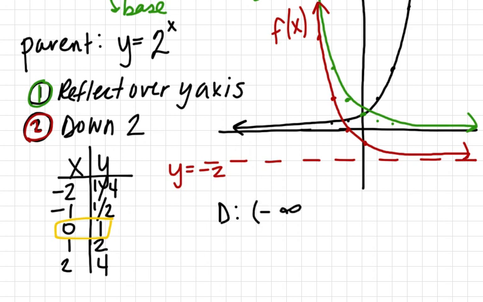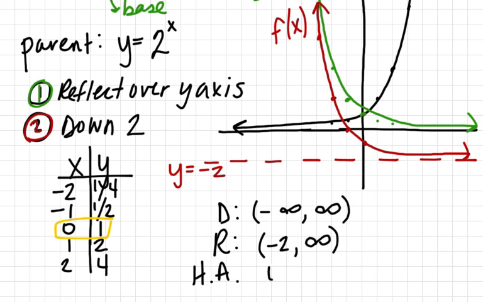So our domain would be all reals. Our range, however, has changed because our parent function was shifted down too. So from lowest to highest, then our range would have to be from -2 up to positive infinity. But we're not going to include the -2 because that's the horizontal asymptote. And the equation for that horizontal asymptote is y equals -2.